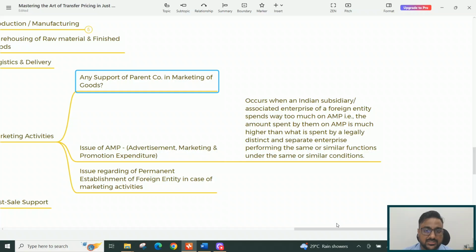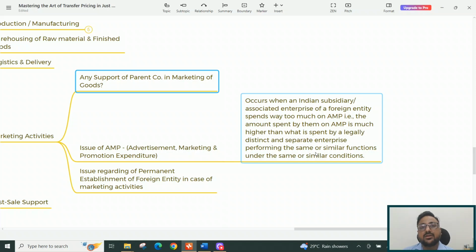What the transfer pricing officer says is that an AMP issue occurs when an Indian subsidiary or associate enterprise of a foreign entity spends much more on AMP than what is spent by a legally distinct and separate enterprise performing the same or similar functions under similar conditions. Now what will happen? This creates basically a marketing intangible or additional marketing services.